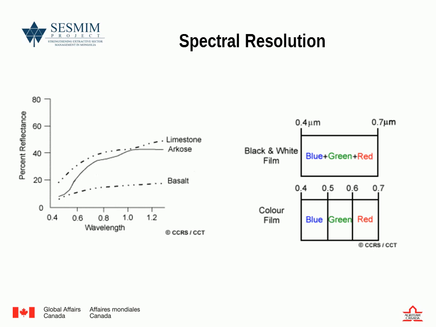So if I was doing photo interpretation just with black and white film or panchromatic film, all I got to tell between one object and another or one class and another is grayscale. But if I was using color film, I actually have 3 layers. I have the blue layer, the green layer, and I have the red layer.